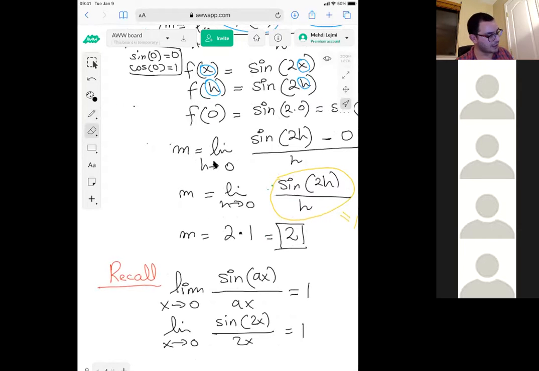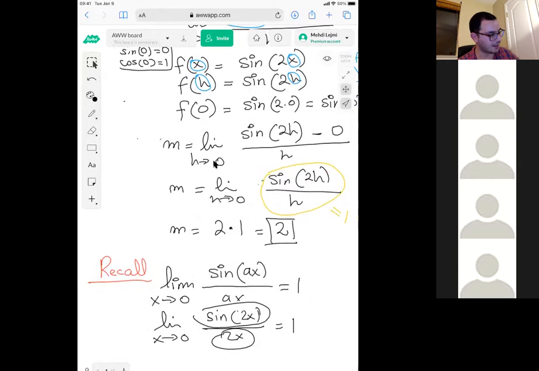Here it's sine of 2h, but the bottom is not 2h, it's just h, so we're going to make it 2h in the bottom. Then you get 1.